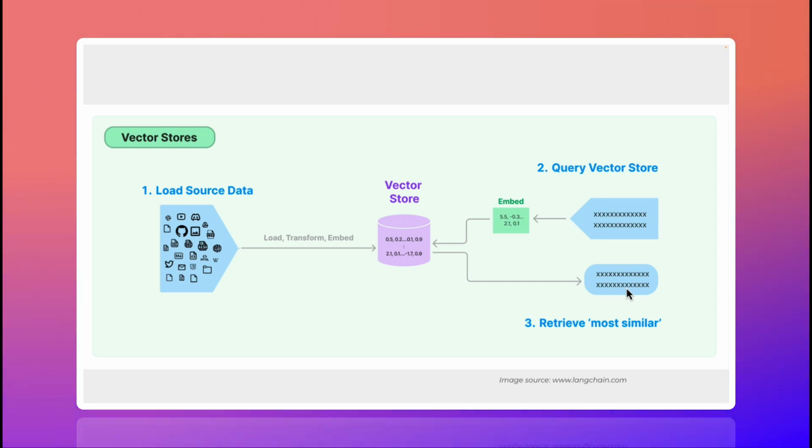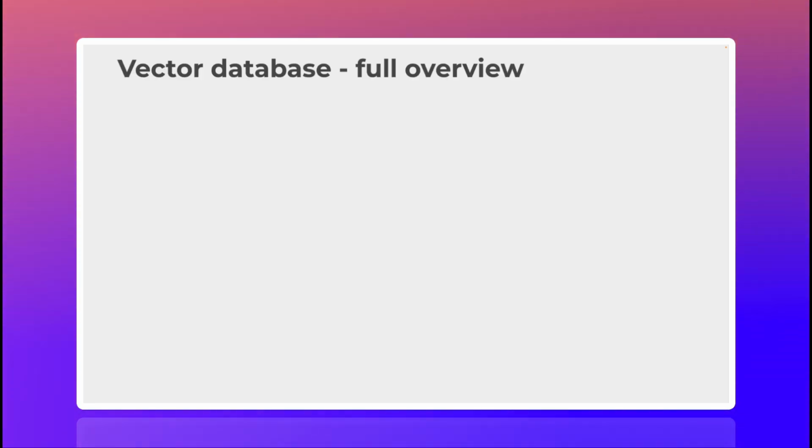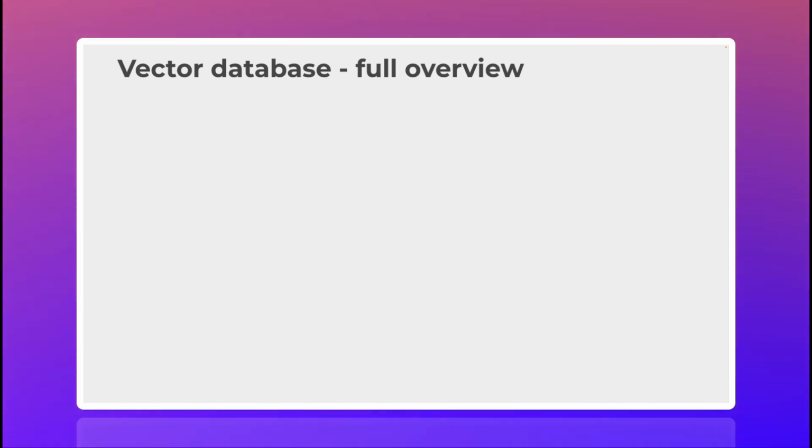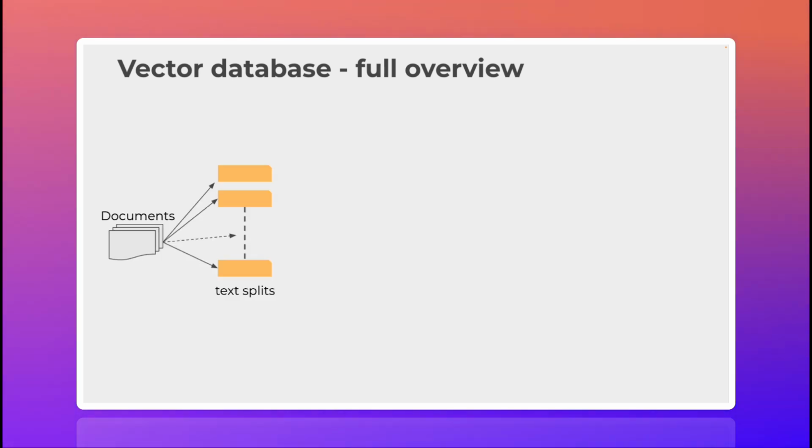So this is wonderful. But what we really want to accomplish is something that is a little bit fuller, because the whole idea behind vector databases is that we want to be able to query them with the help, of course, of large language models or models in general. That's the whole idea. So for instance, we have a bunch of documents. We want to take those documents and split them into smaller chunks.